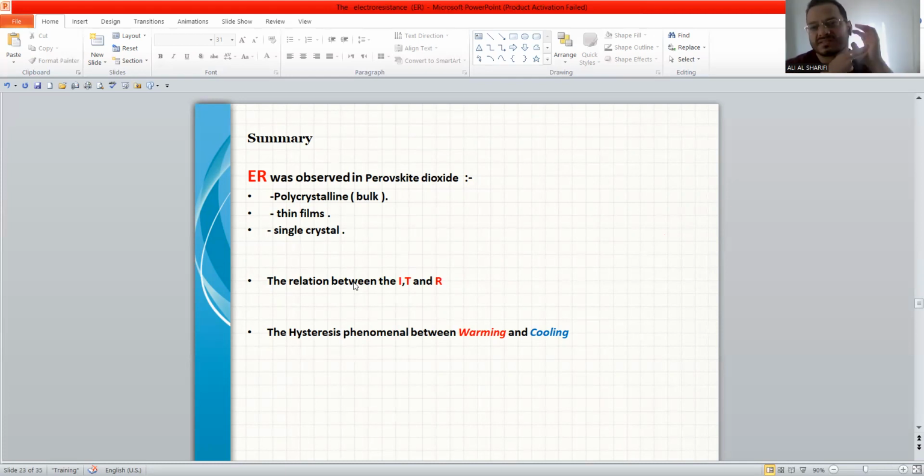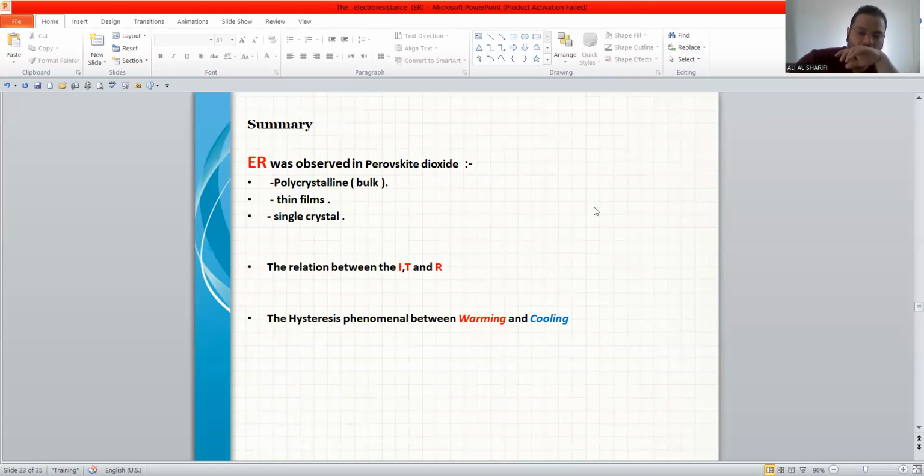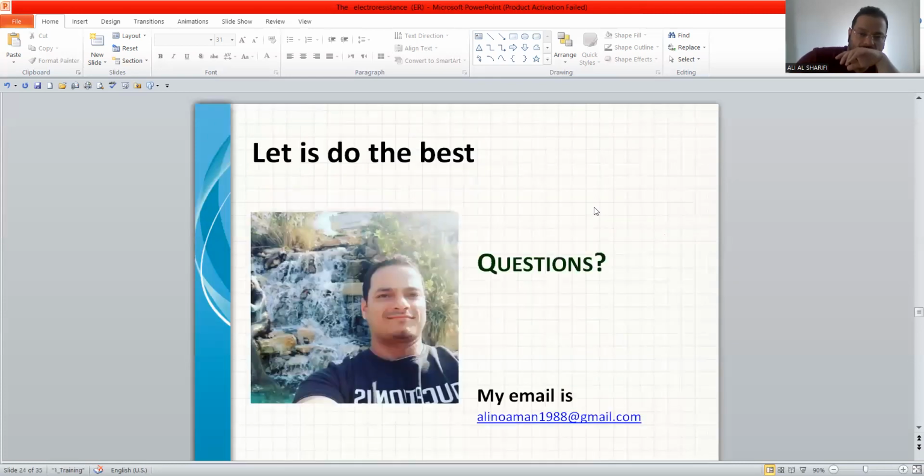And the last thing I explained was the hysteresis phenomena when cooling the component and warming the component. We see some difference in the amount, in the curve, but not in the whole curve, only at some point where it starts, at some point where it's the second. That's it.